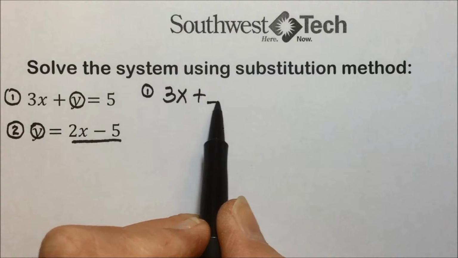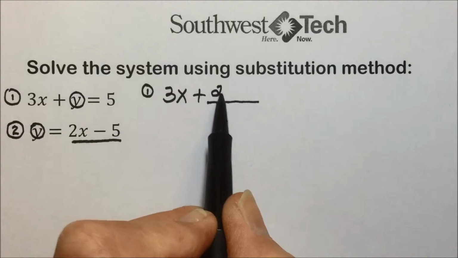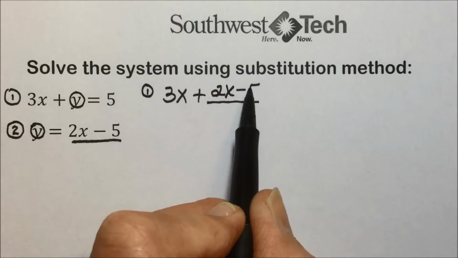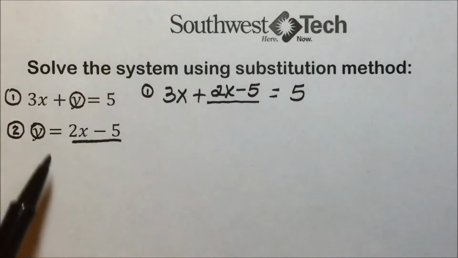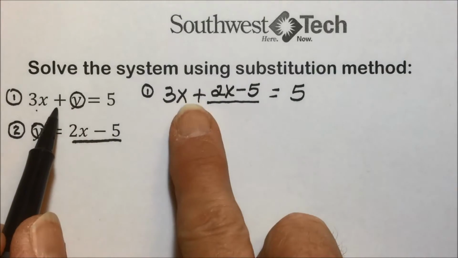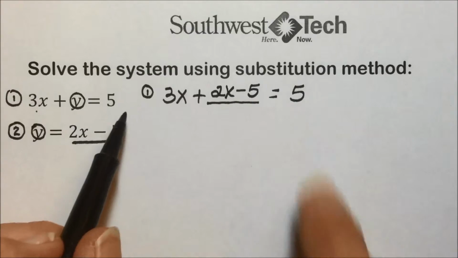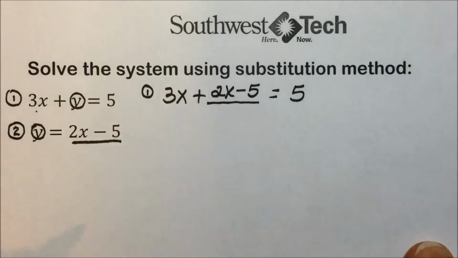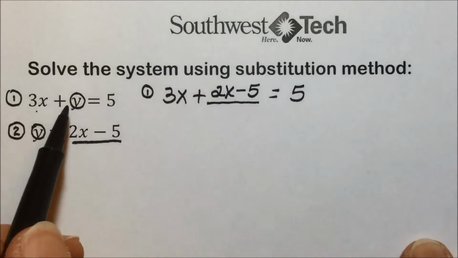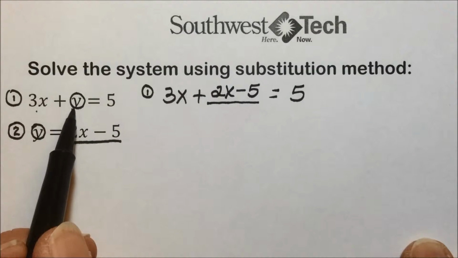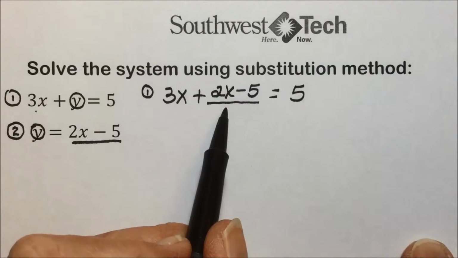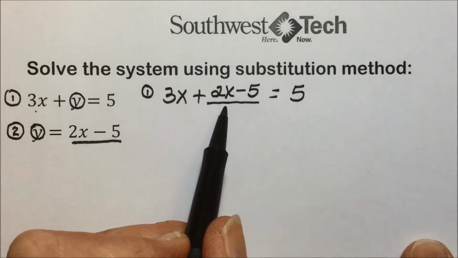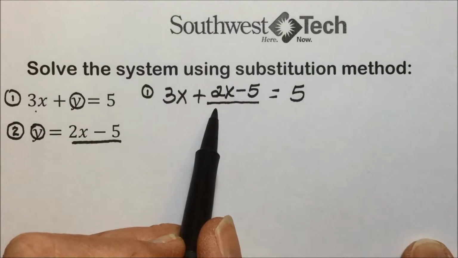So here's the y, only the equivalent, 2x minus 5, is equal to 5. What that's done is swap out one equation with two variables, which is not possible to solve, for one equation with one variable, which we can go ahead and solve.